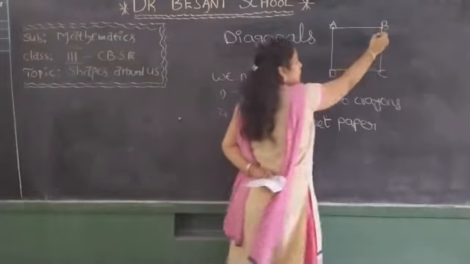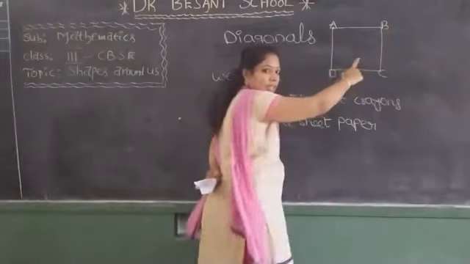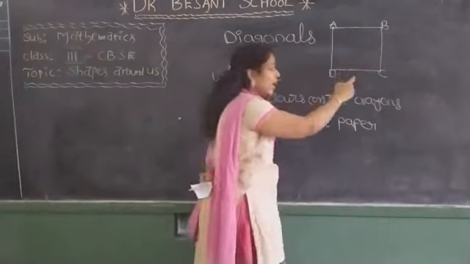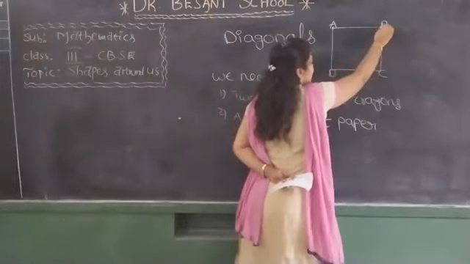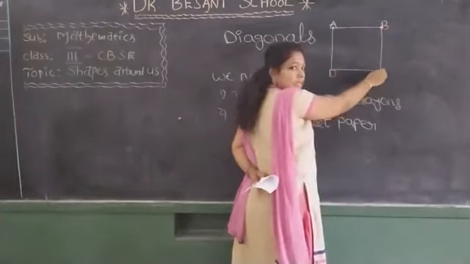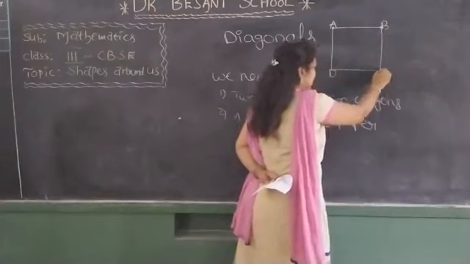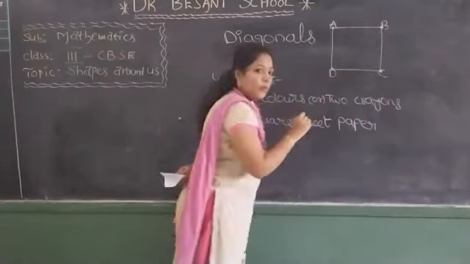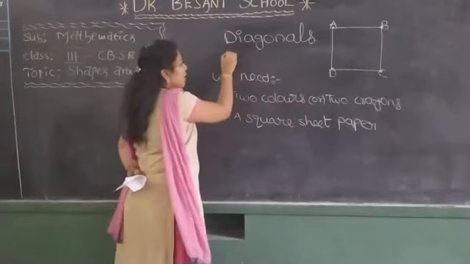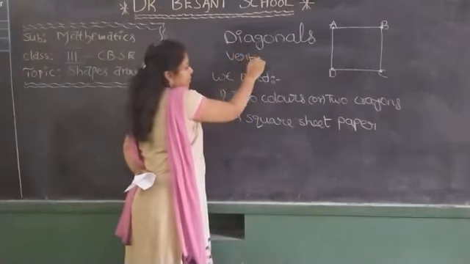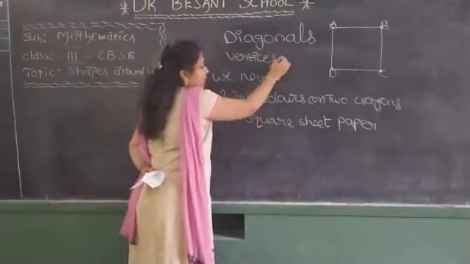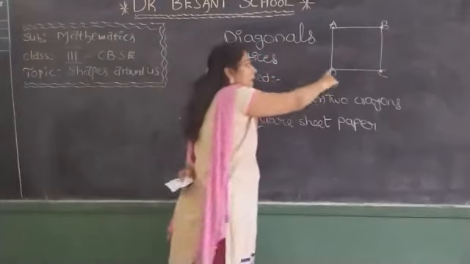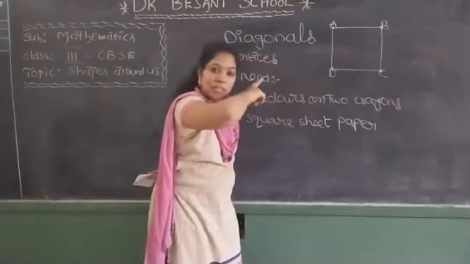Now coming to B. Is this a vertex or not? Yes, good. This is one vertex, and C is also one vertex, and D is also one vertex. What is the plural of vertex? Vertices. In total, how many vertices are there in that square?